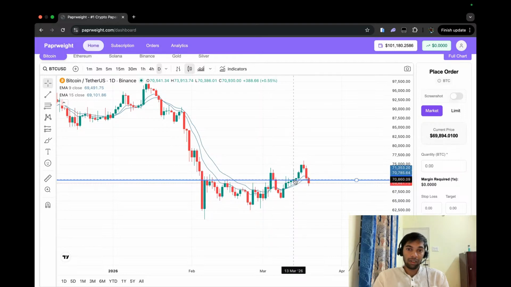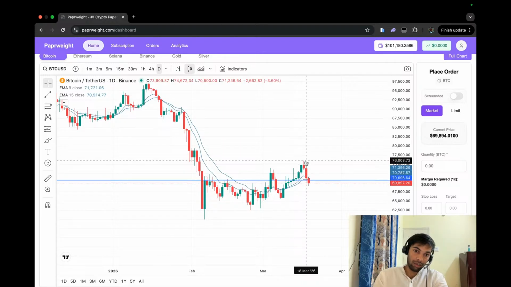Everyone thought the market would fall again, but the catch is the market took the liquidity of all the buyers by going in the downward direction from here, and then took the liquidity of all the sellers in the next candle itself by going up till here.